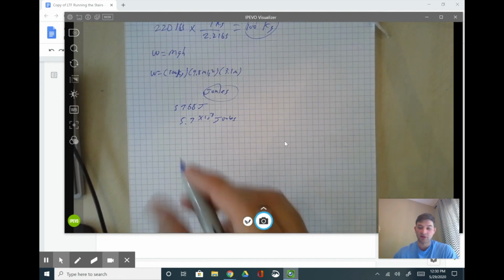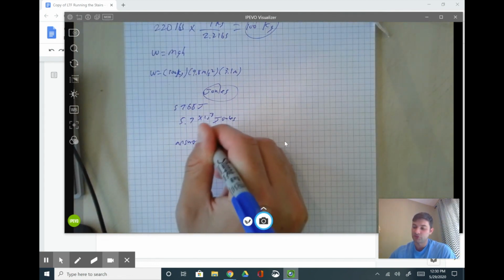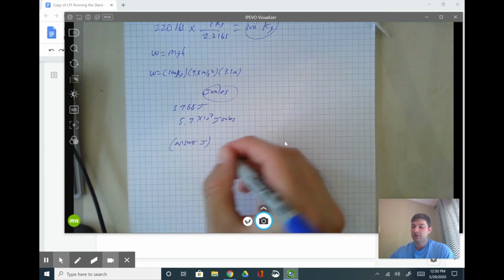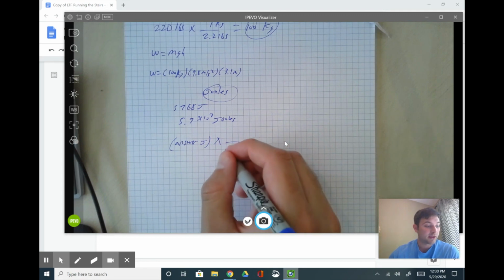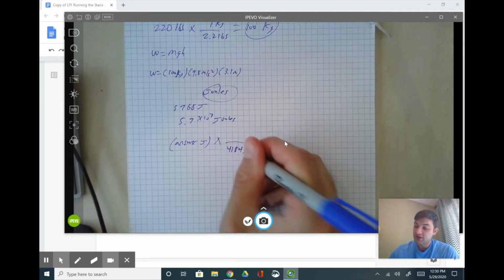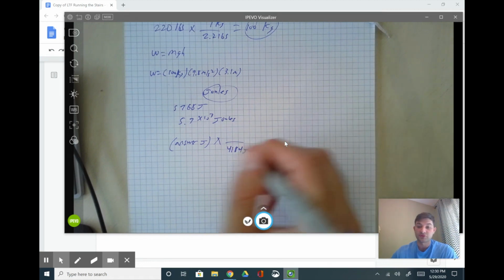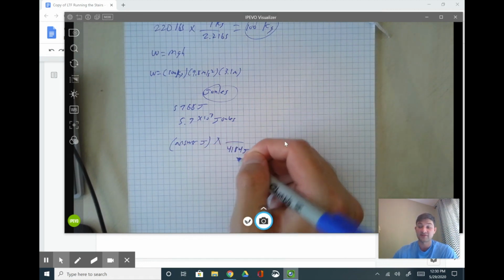So they have their answer in joules from the first part, and then they're going to have to convert to calories here. And I actually written it down myself, the conversion. So you got that 4,184 joules, because your answer is going to be in joules from the first part. This is the second, the conversion.